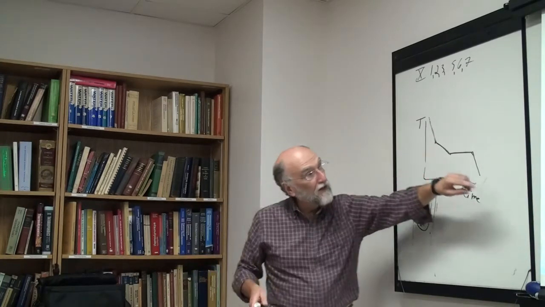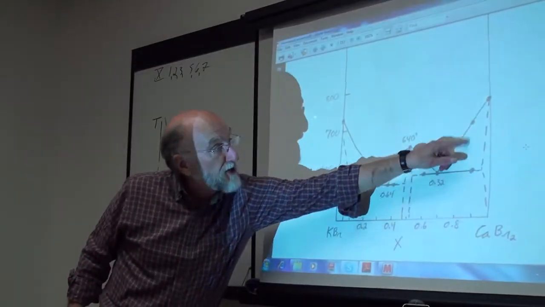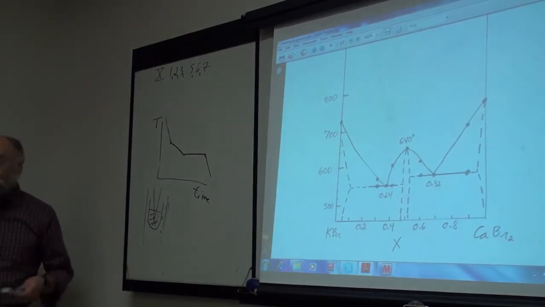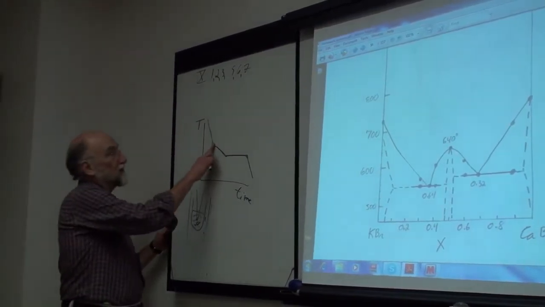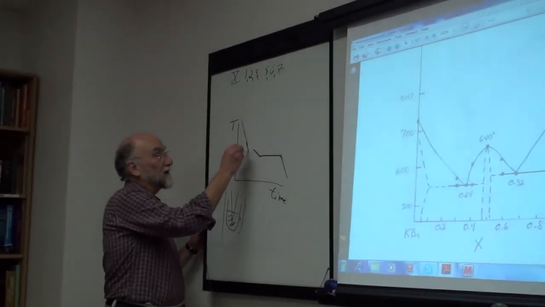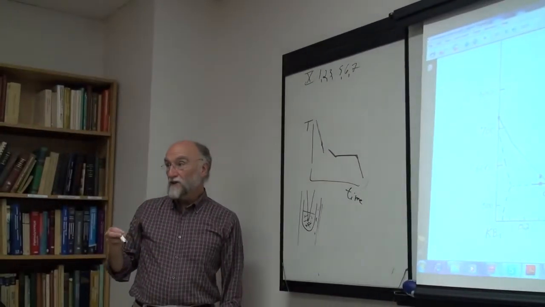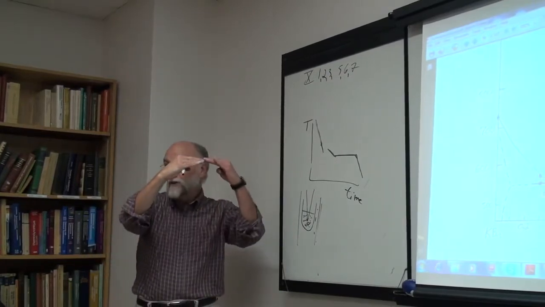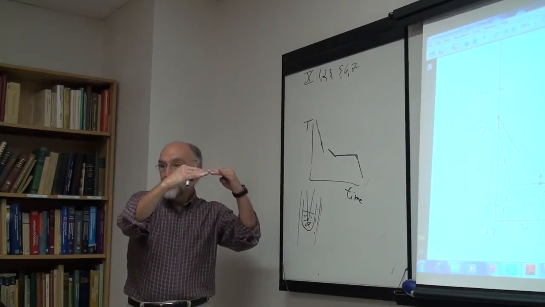You reach the liquidus here, and the solid should start to precipitate, but in actual fact it doesn't, because it hasn't nucleated yet. So the temperature actually continues to drop for a bit, and then finally you get some nucleation. Now the thing is below where it should be, so much heat is given off that the temperature goes back up.